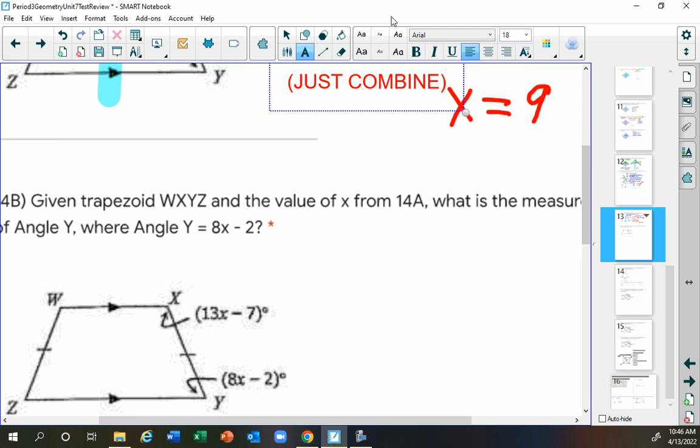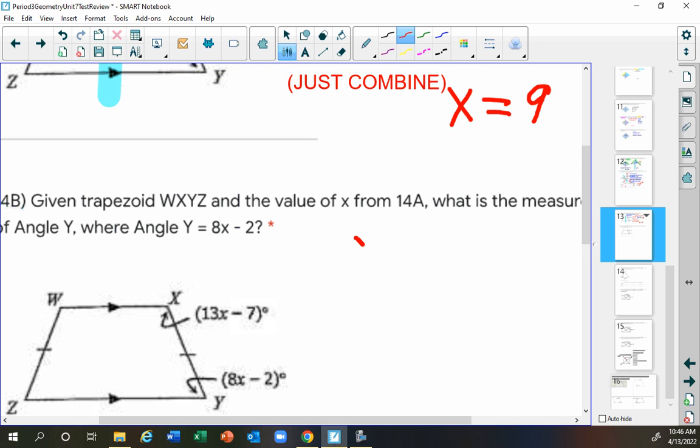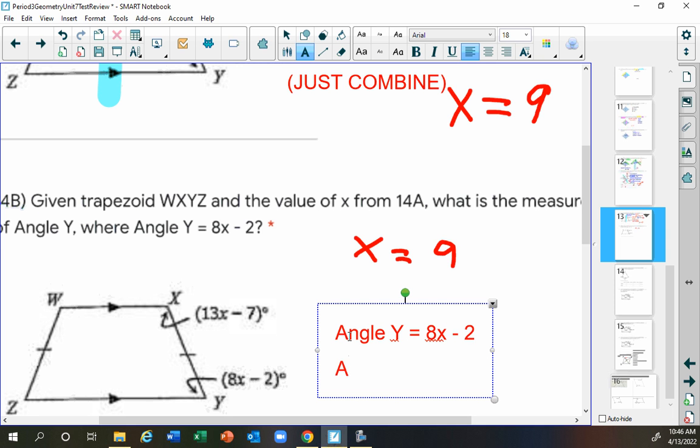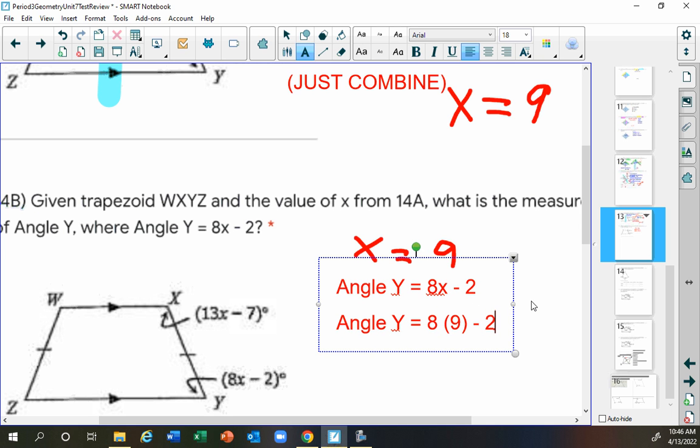A lot of you went ahead with this. And then you just did angle y is 8x minus 2. Okay, so what do we get for angle y?